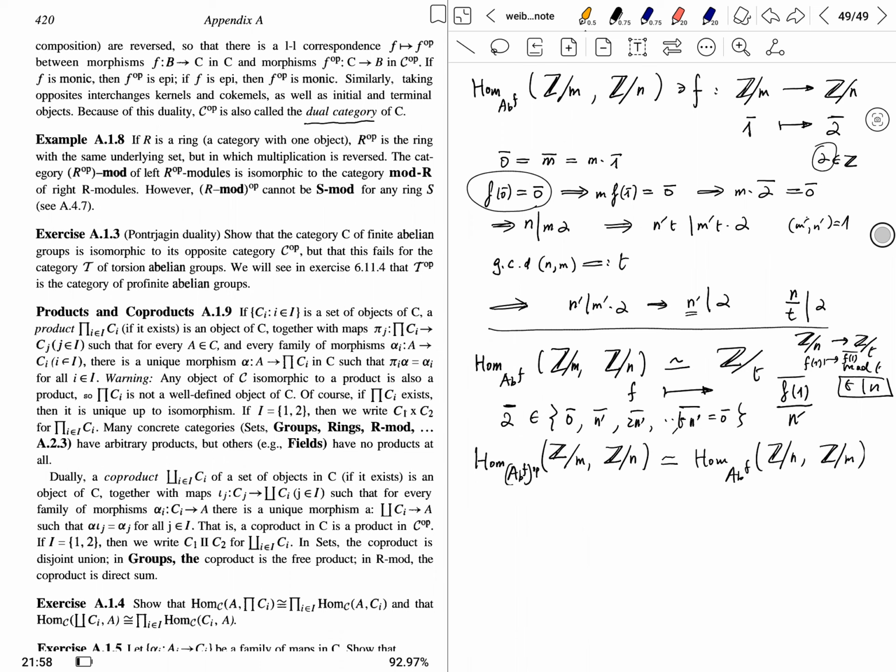So change the position of x and y. You have to show the homomorphisms from Zn to Zm is isomorphic to the homomorphisms from Zm to Zn. This is the case here because this is again isomorphic to the quotient by t for the same reason.